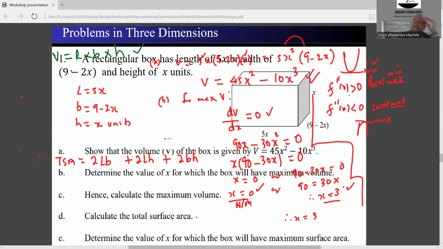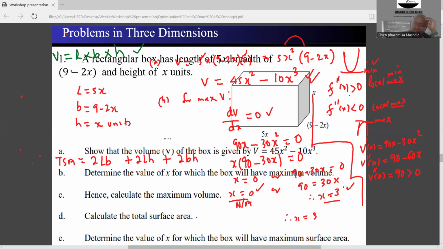So in other words, since this is the first derivative of the volume, we got it to be 90x minus 30x squared. If we differentiate this for the second time, this will be 90 minus 60x. So where there is x, if you put 0 here, when the second derivative is at 0, this will give us 90. You see that is bigger than 0.